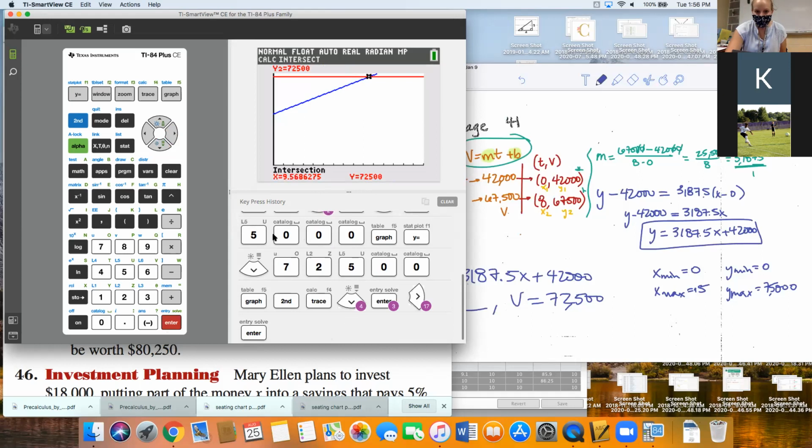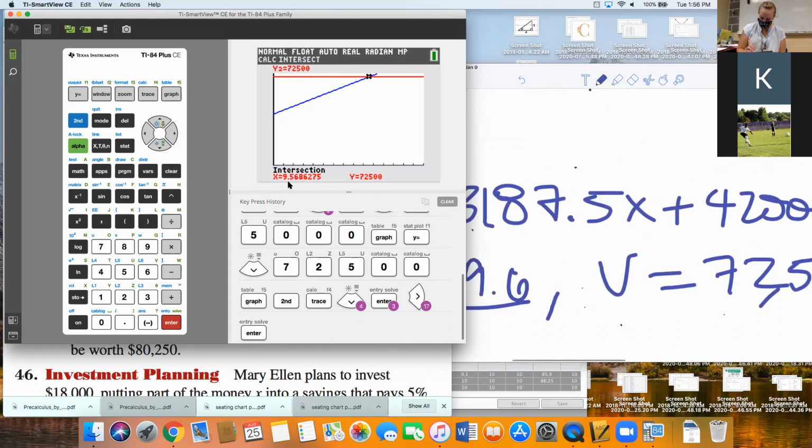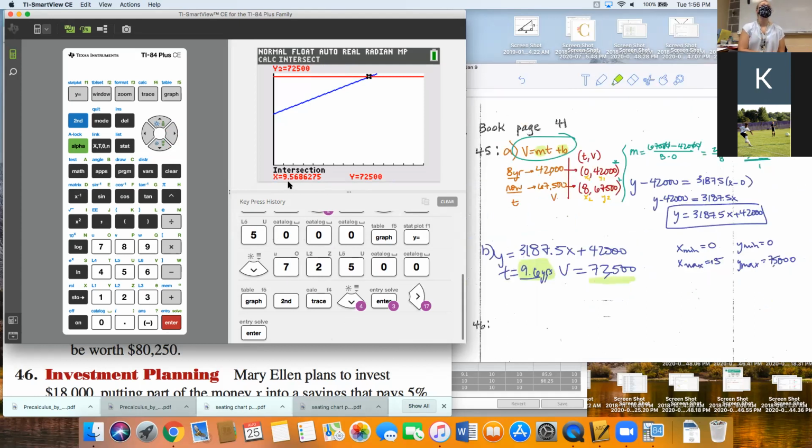Enter. And so it says it's at 9.568, 9.56, or about 9.6 years. In Y2, I put this 72,500 because that was the goal of what I wanted.